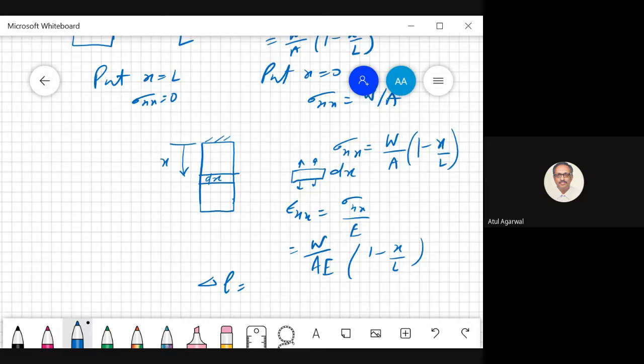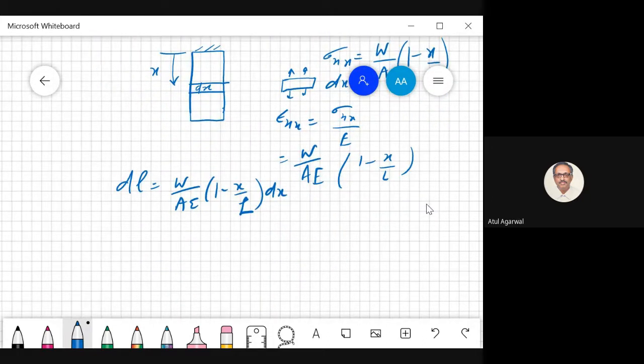This change you can call dl. Strain is change in length upon original length. So change in length becomes W by AE into 1 minus x by L into dx. So you have multiplied it with the original length.